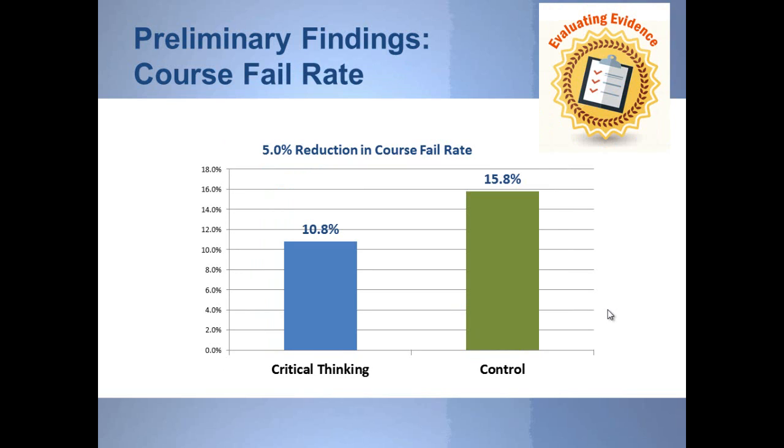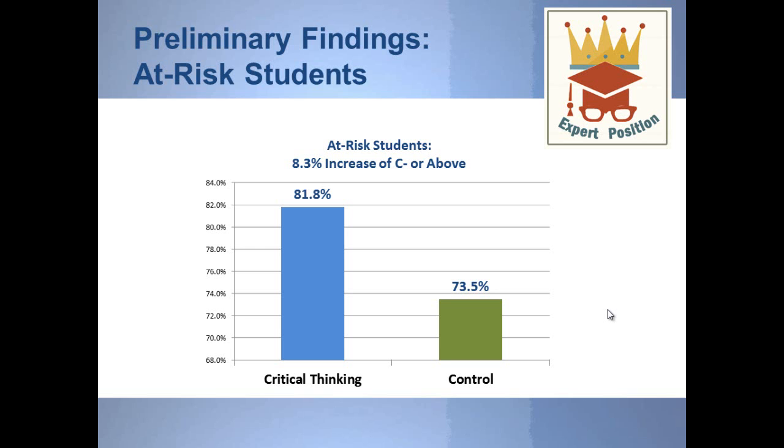We're seeing a 5% reduction in course fail rate. And for the at-risk students, which are students that received a C- or below, we're finding that they are more successful, an 8.3% increase in grades to C- or above.